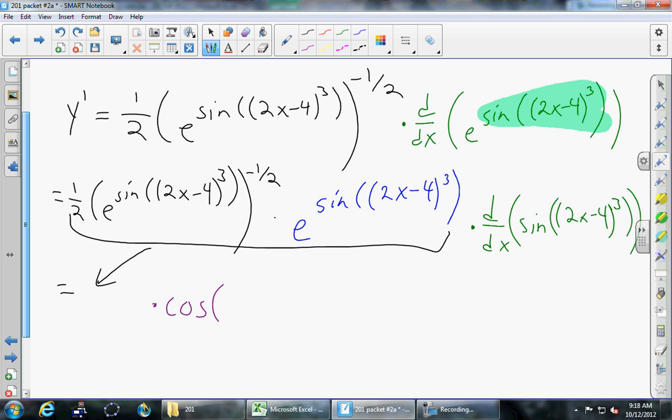So I'm going to put cosine of. What's the stuff now? Yeah, it was sine of stuff. So I guess everything that happens after the sine, that's the stuff. So it's cosine of all that. 2x minus 4 cubed.